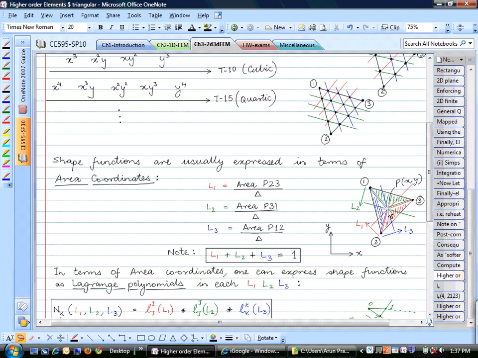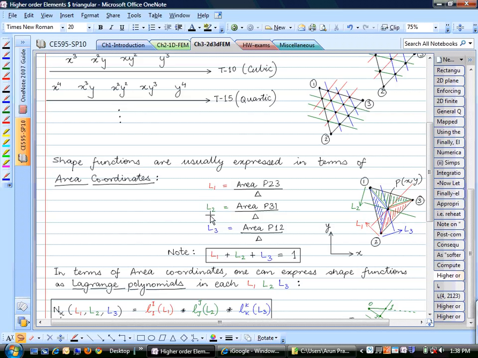So the idea is that we will construct these 3 triangles that go from this interior point to all these vertices, and this red triangle right here, the area of that red triangle divided by the total area is L1. That's the area coordinate. We are just creating something, just changing a variable.